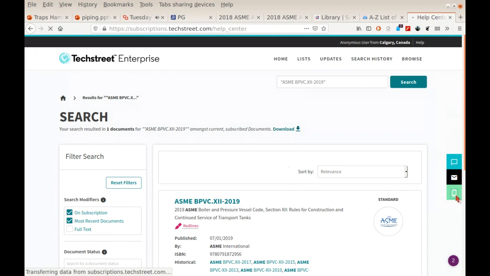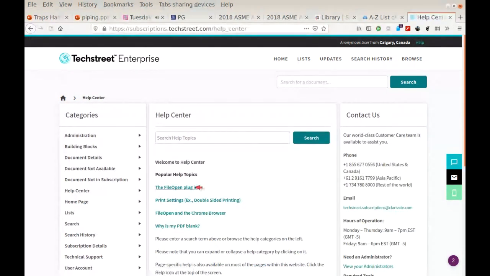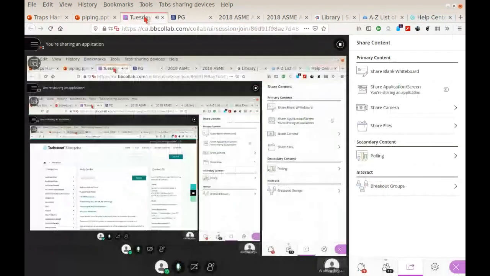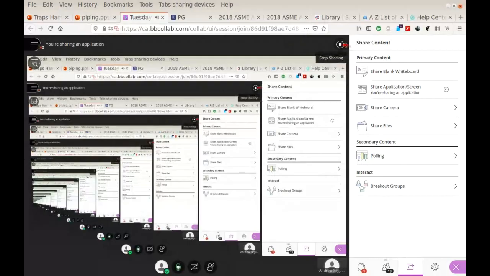And then to activate it, I need to have this thing installed, which is called the File Open plugin. How did I get there? I clicked over here on the little green trigger, I guess. Okay? So you should be able to download the full codes for free. And if you've got the File Open plugin, then you should be able to access those and read them.